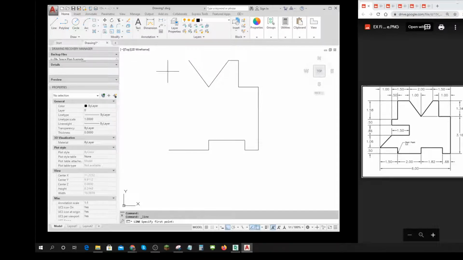Now this time I go over 1, down 1.58, over 0.5, down 0.5, over 1.5, down 0.86, over 1 and down 1.06, and connect that weird angle back up.